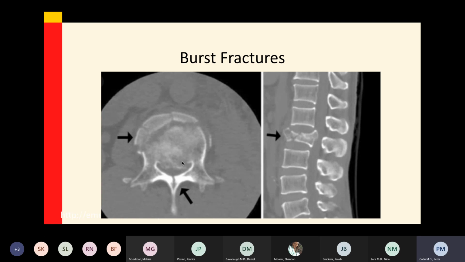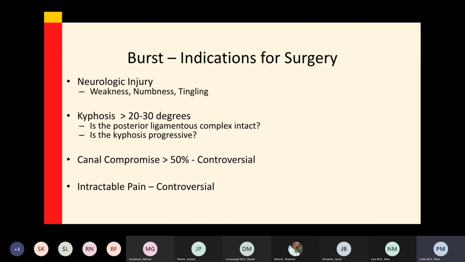And so you can't use CT axial cut to say, oh, this fracture needs to be decompressed because there's greater than 50% of the canal compromised. And we'll get into that in a minute. And it's really the patient's neurologic symptoms that determine if someone needs to be decompressed from that standpoint.